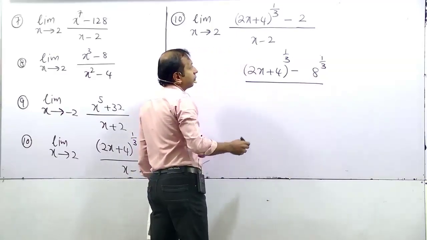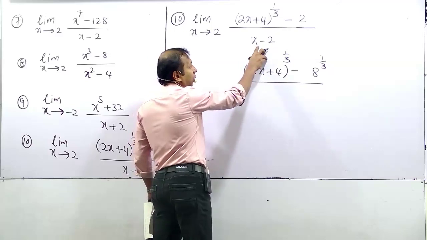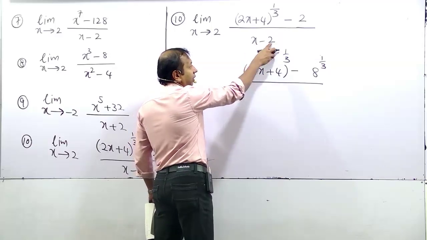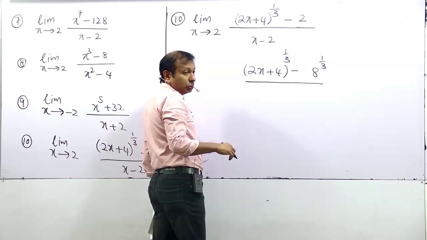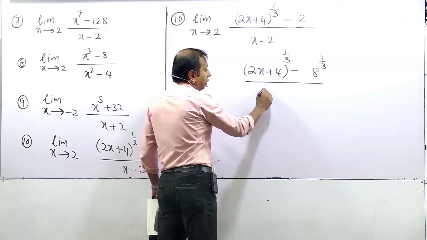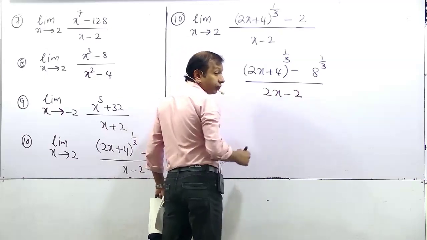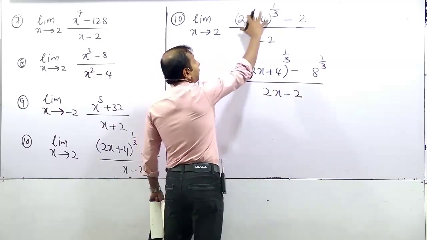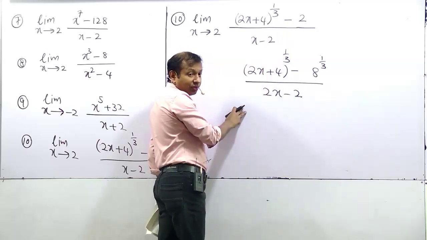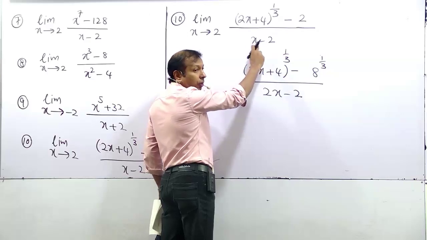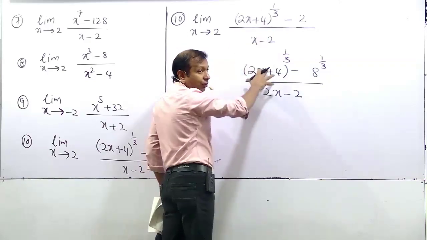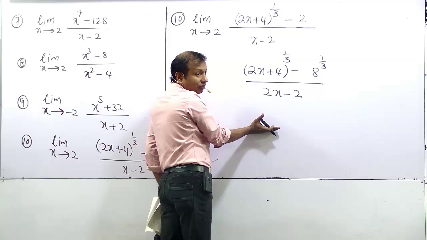Now, this denominator, x and this minus 2, both I multiply by 2. Then we get 2x minus 2. Then this given original expression will change, no? Why? Multiplying this x and 2 by 2 means this given expression we have divided by 2, no? Okay.